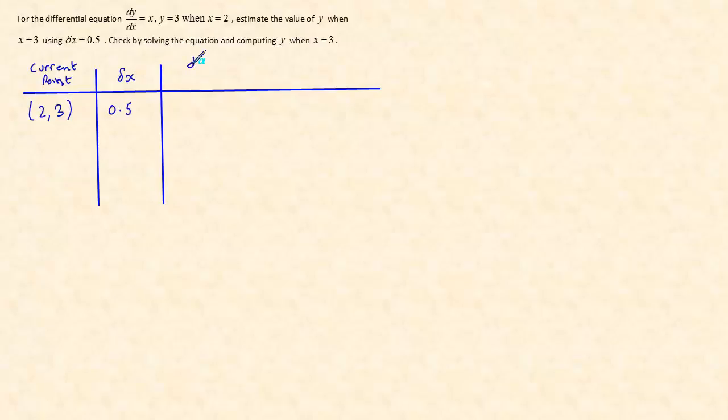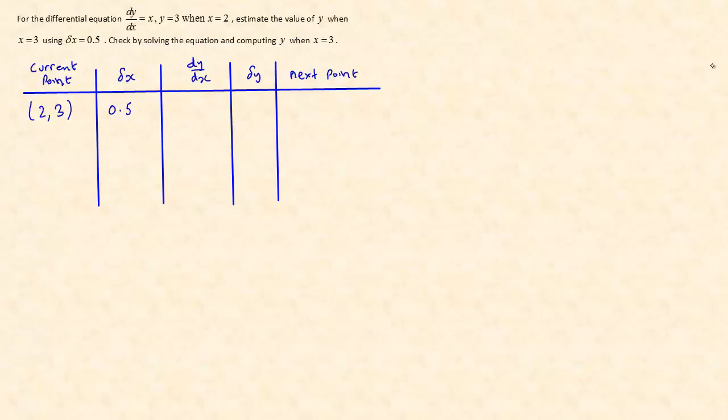Then we want the value of dy/dx. Then I would put the delta y value. And finally, the next point.